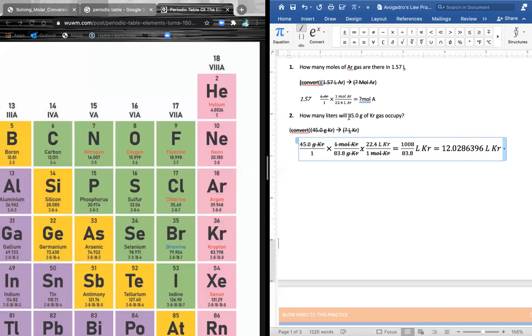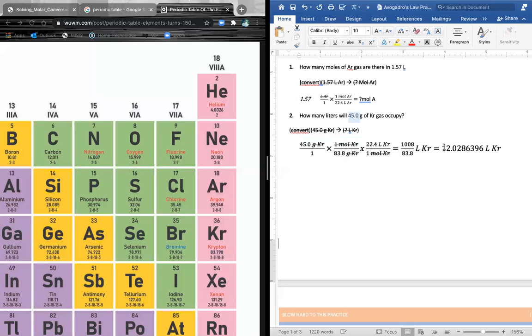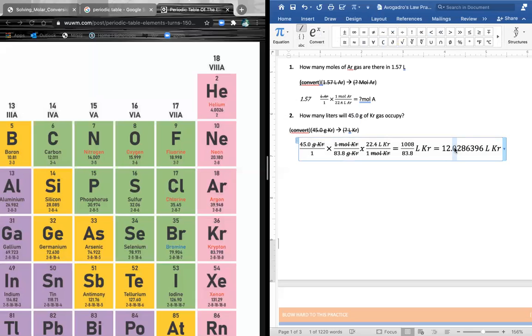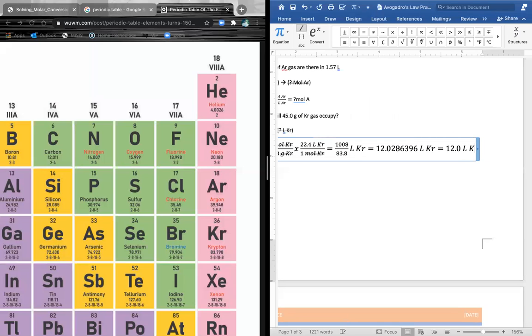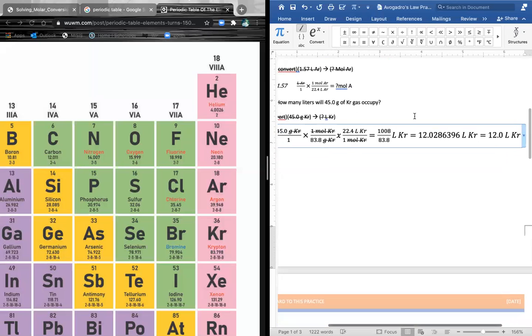So again, we go back to the original digits. We have 3 digits. That means we need 3 in the answer. There's my 3rd digit. So this is the one that gets rounded. I look behind it, I see a 2. So it's going to stay 12.0 liters of krypton. So there's the answer to that question.